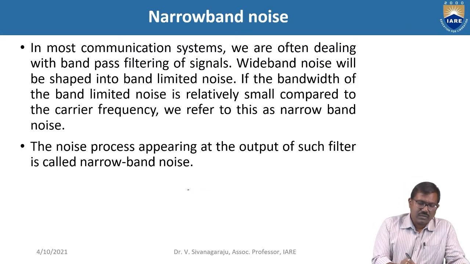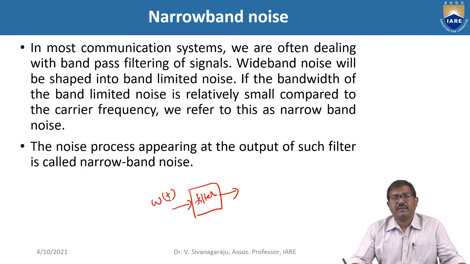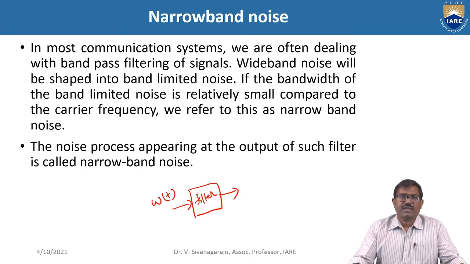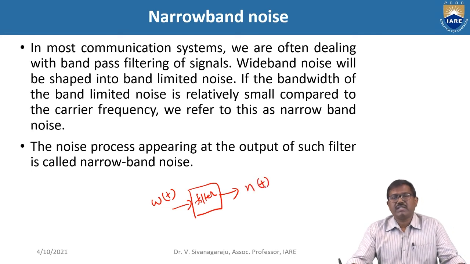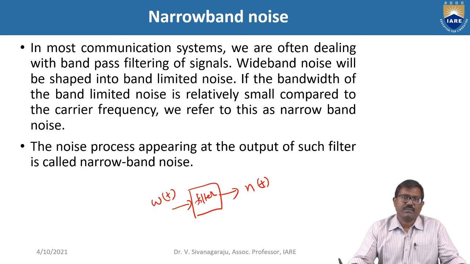That means here we are taking one filter, we are giving this W of t at the input of this filter, and this wideband noise is going to be processed and appears at the output, which we call N of t. This N of t is the narrowband noise.